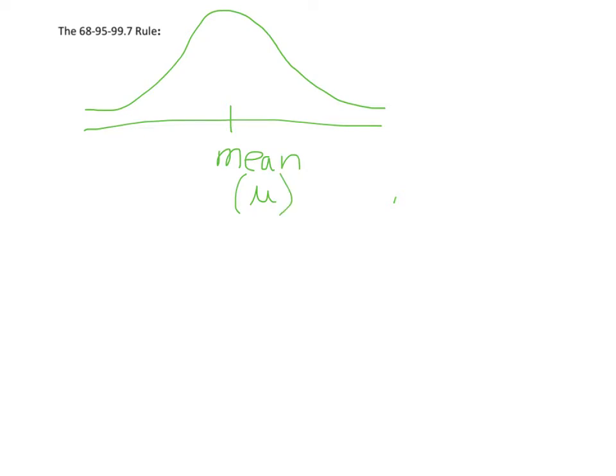And if you go one standard deviation away from the mean, which I'm going to write as a lowercase sigma, I'm just going to write SD for now, within this area here, 68% of the population will be in that area.